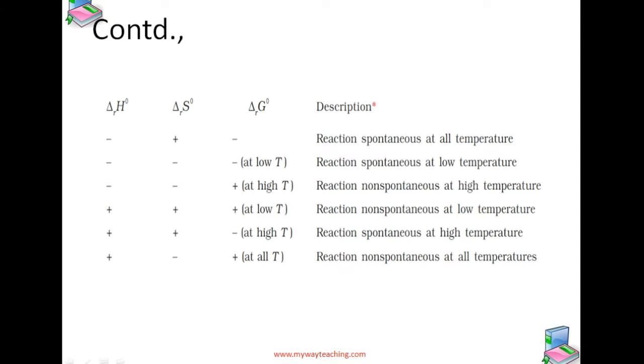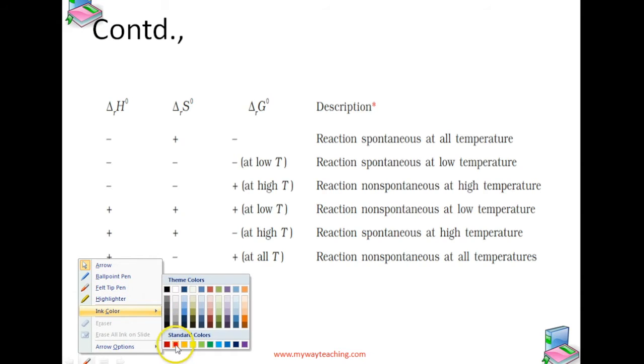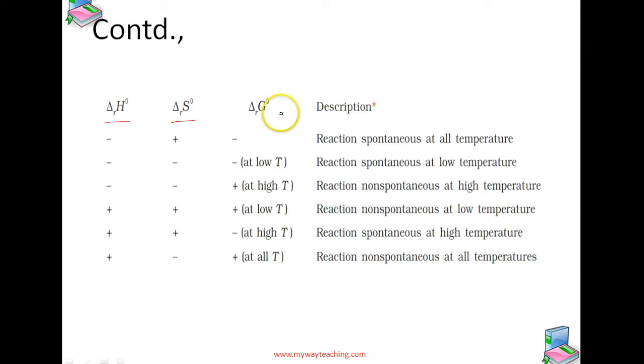Next, consider delta R H, delta R S and delta R G and their description. When delta H is minus, delta S is plus and delta G is minus, the reaction is spontaneous at all temperatures. When all are minus, the reaction is spontaneous at low temperature and non-spontaneous at high temperature. When all are plus, the reaction is non-spontaneous at low temperature and spontaneous at high temperature.